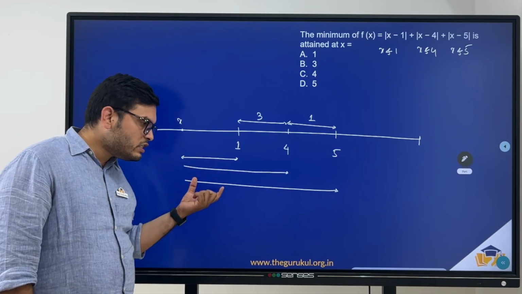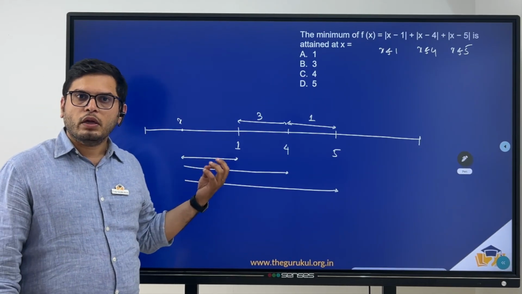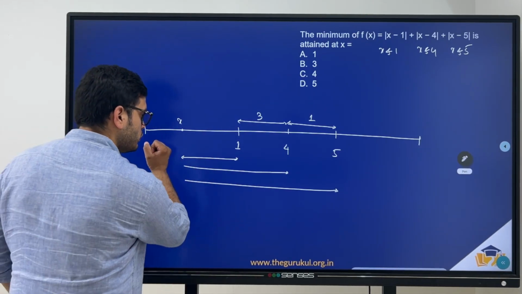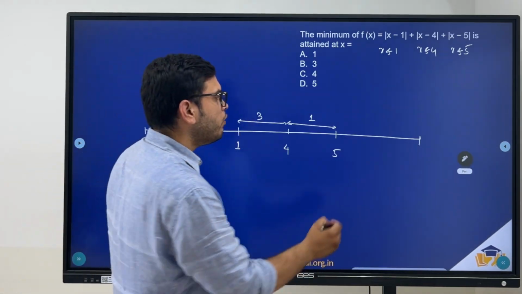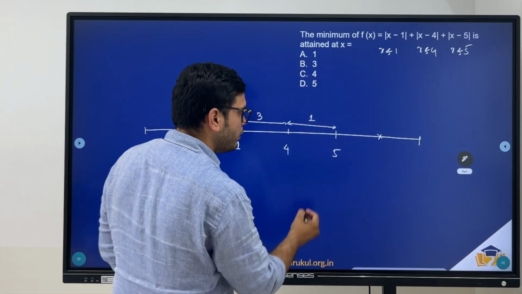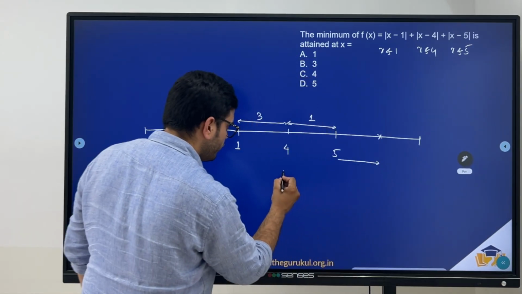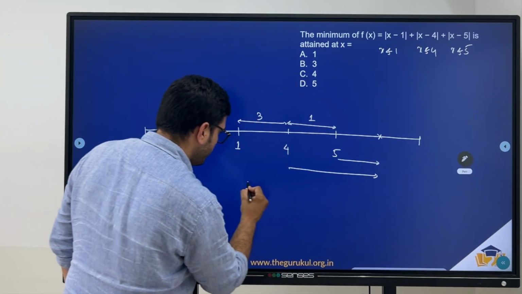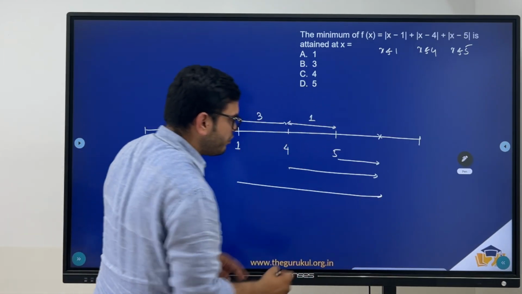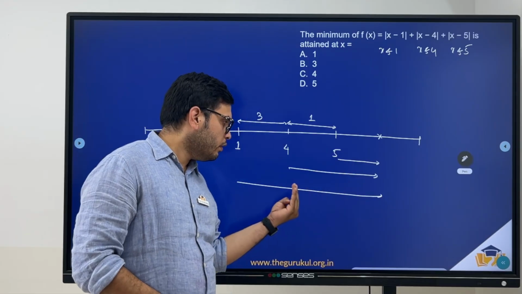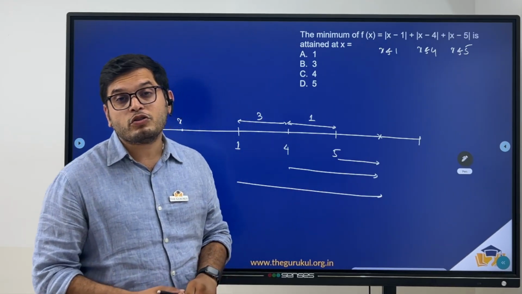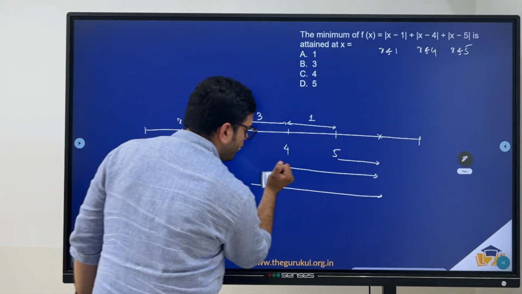So this distance is being repeated in all the three distances, right? So this will not result us in a minimum value. Now let me consider x somewhere here. Then you should be considering this distance and this distance. Again, you have these two distances being repeated here, right? So this will also not give us the minimum value.